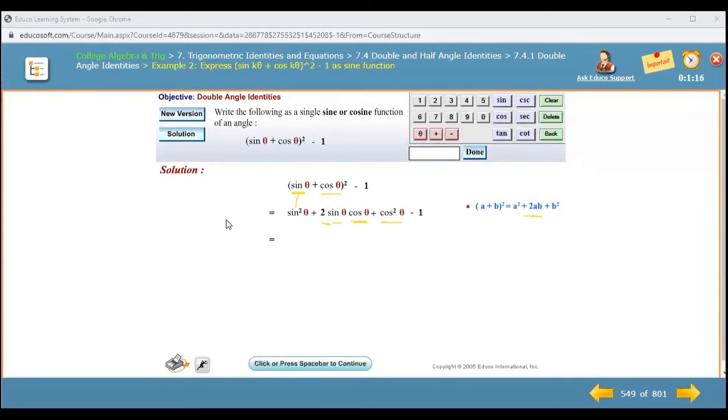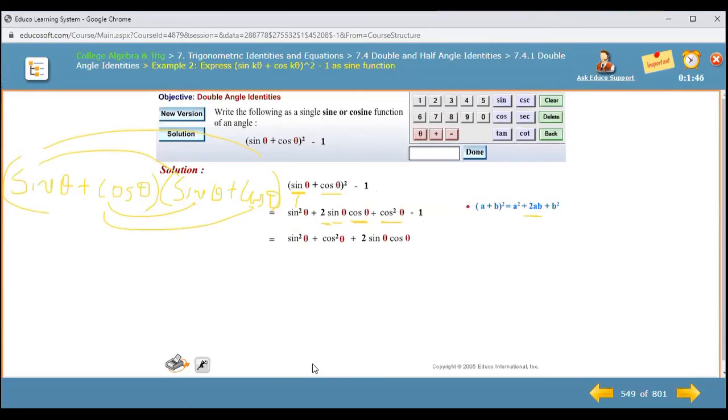You can solve it like this, or you can simply solve it using FOIL. FOIL means sine theta plus cosine theta times sine theta plus cosine theta, and then you can solve it using FOIL. You'll get the same answer, -1. Now what we do in the next step, we try to simplify the terms.